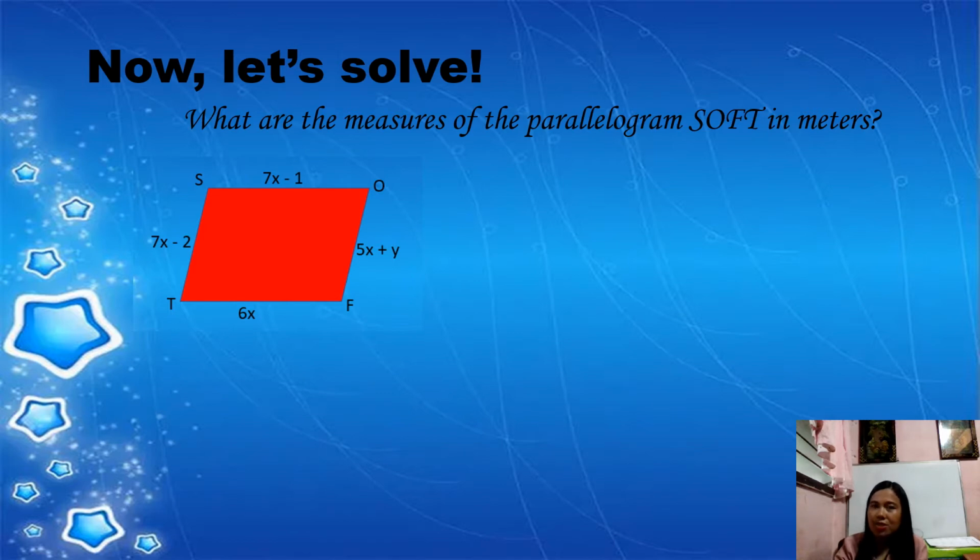So we can solve for x with the measures given by SO and TF. By parallelogram property number 1, we can equate SO, which is 7x minus 1, with TF, which is 6x, in order for us to solve for x.